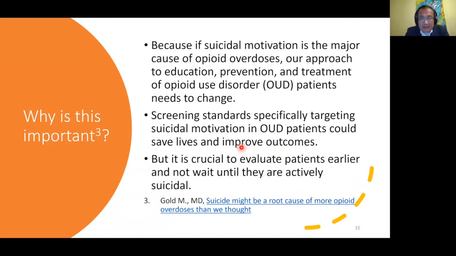He said this result from Harvard and McLean Hospital is important because if suicidal motivation is the major cause of opioid overdose, our approach to education, prevention, and treatment of opioid use disorder patients needs to change. And this has to be done quickly because it can save lives.